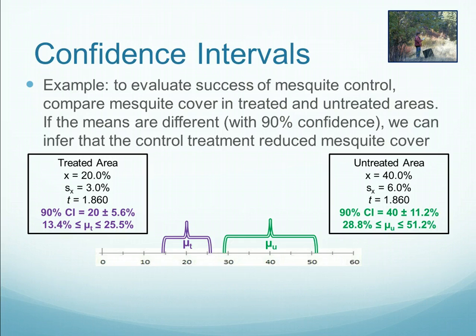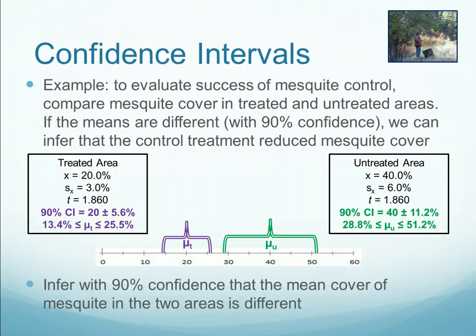Based on these results, we would then infer with 90% confidence that the mean cover of the mesquite in the two areas is different.